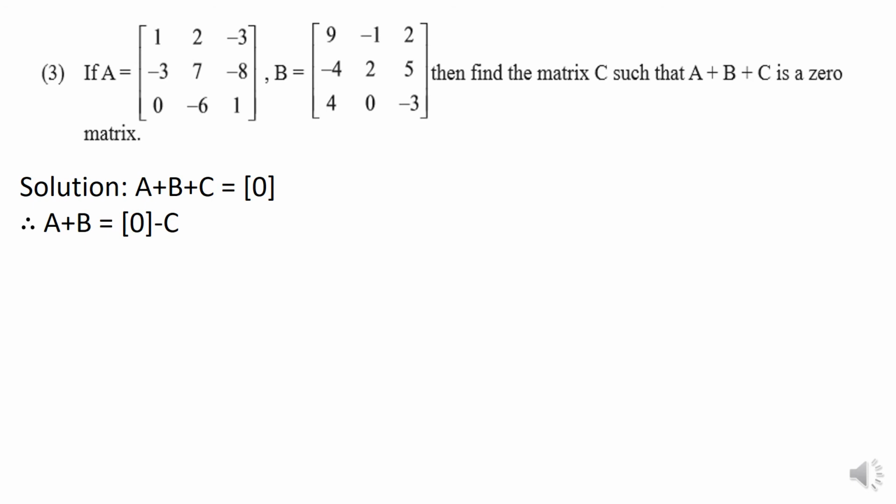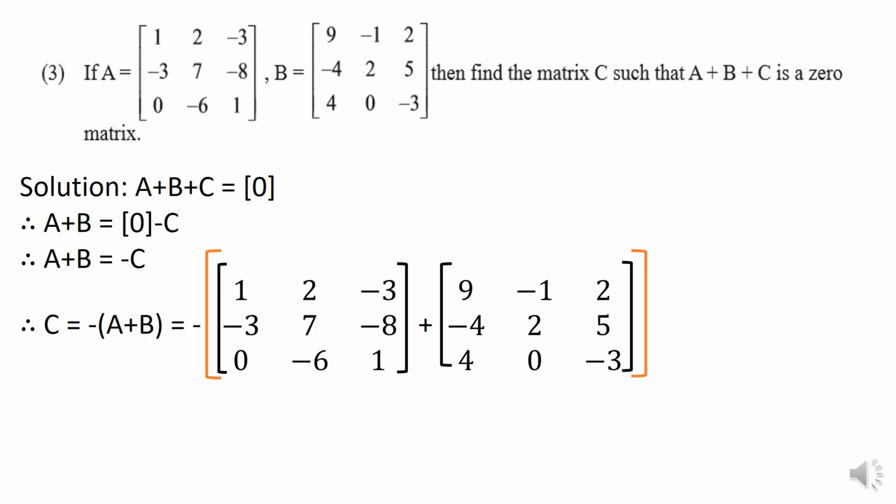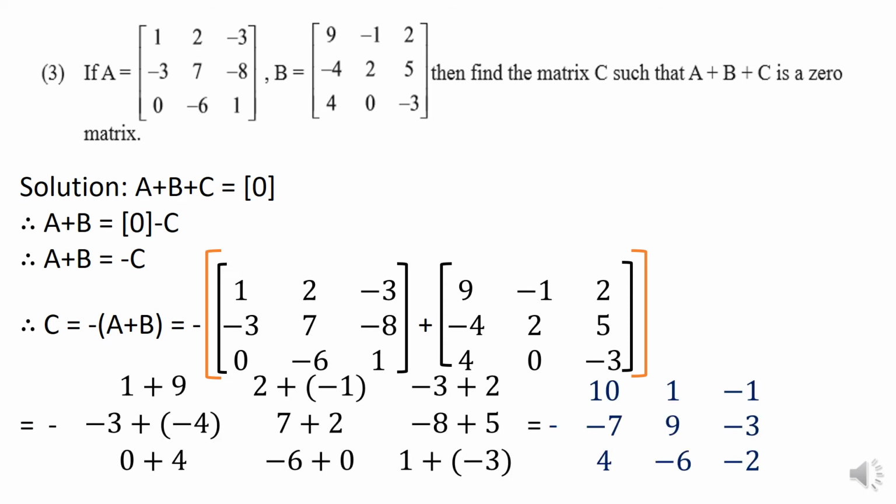What we do is, we keep A plus B on one side and take C on the other side. Thus we get A plus B is equal to 0 minus C, or A plus B is equal to minus C, or C is equal to minus (A plus B). So all that we do is, putting a minus sign outside the bracket, we add A and B by adding their corresponding elements together.